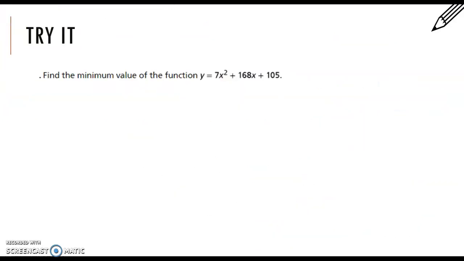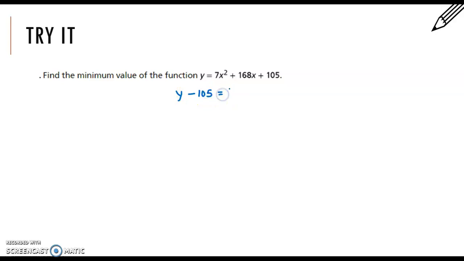Okay, we're going to do one more of this type of problem so that you have another example of these. This might be one that you write in your notes. Okay, so first thing I want to do is move the 105 over. Also, feel free to have a calculator. You don't have to do the math in your head. So I'm subtracting 105.